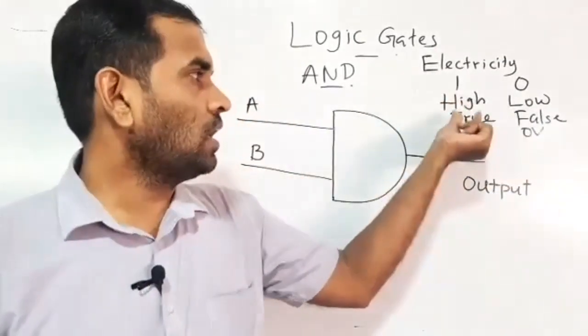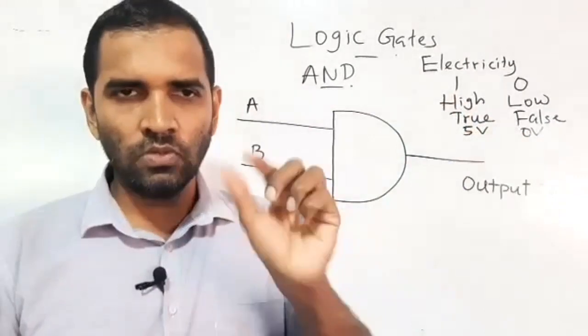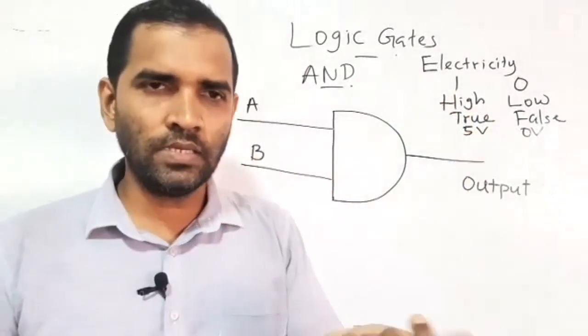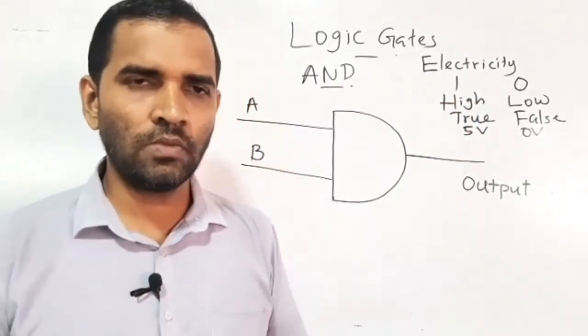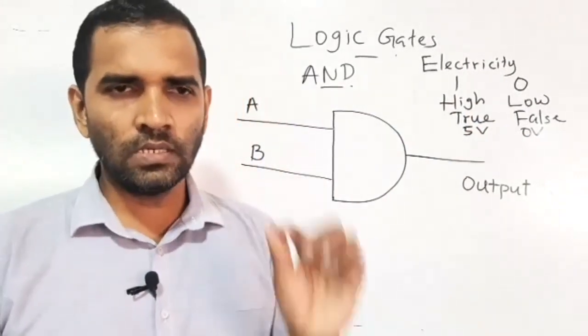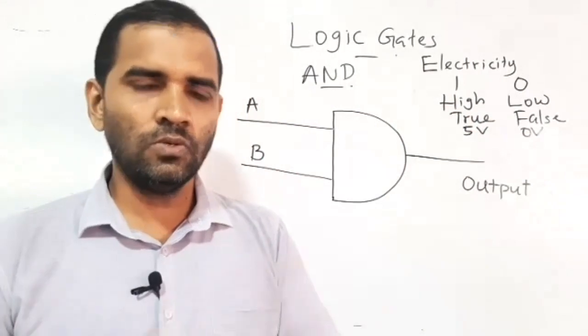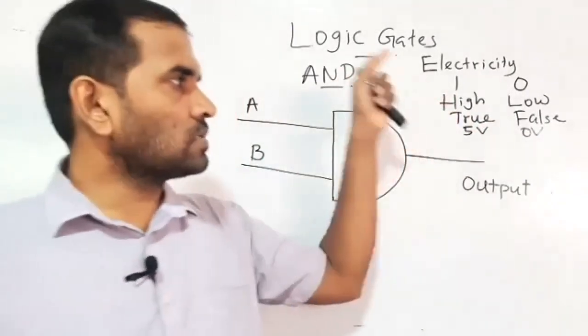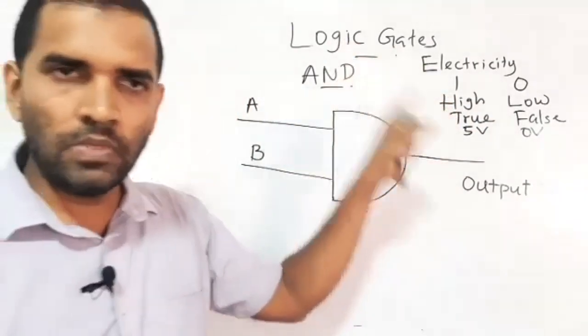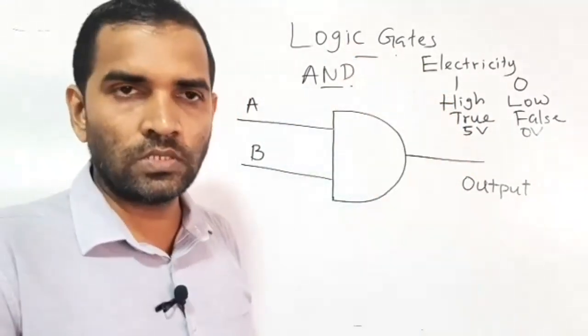But high, true or 5 voltage have many letters, so that may be a little problem. So we find it easier to use ones and zeros. Remember these things. They are very important and will be very useful for answering questions too.